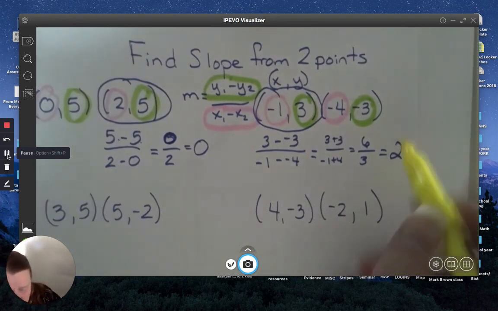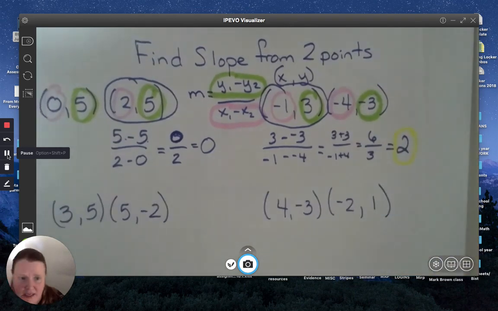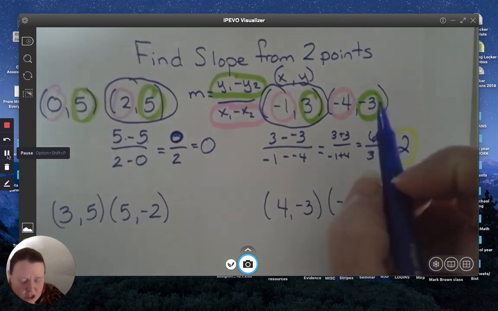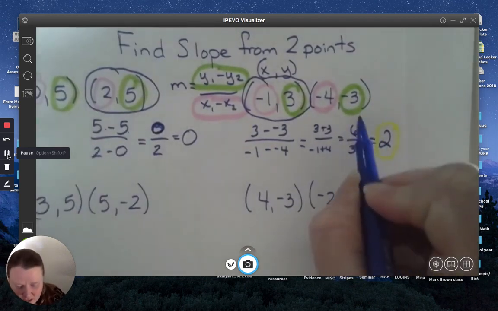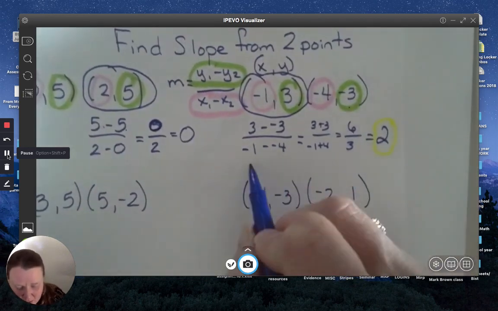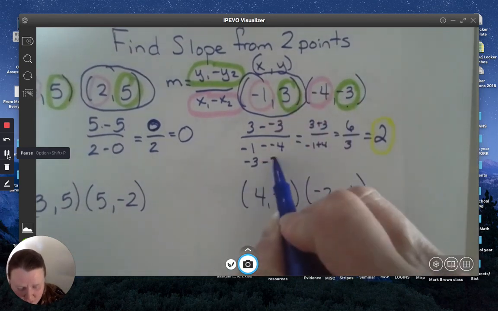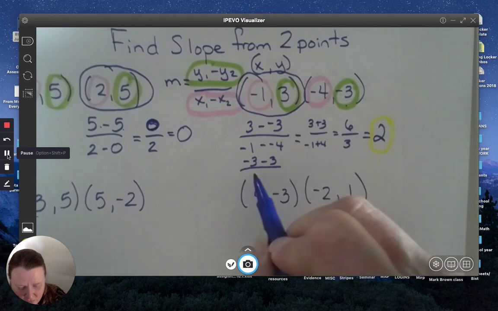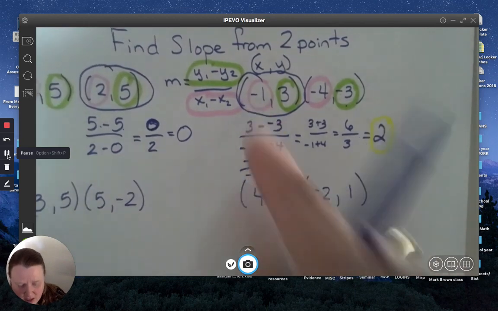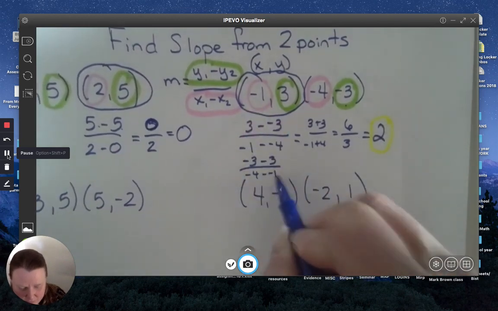Now, if you are concerned about the fact that it doesn't end up being the same answer if you picked the other one, let me just show you what happens if I had gone and done this one first. So if I had picked the opposite way, it would have been negative 3 take away 3. And then it would have been negative 4 take away negative 1.